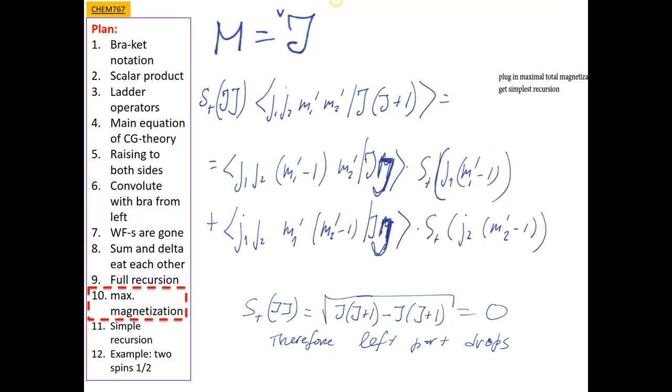So if we set j1 equals 1/2, j2 equals 1/2, m1 prime equals 1/2, m2 prime equals 1/2, J capital equals 0, and M capital equals J equals 0, it will help us to find the Clebsch-Gordan coefficients for composing a singlet state out of spin 1/2 states.